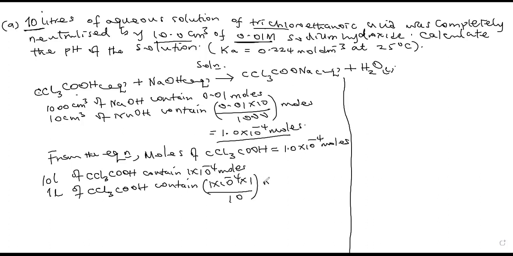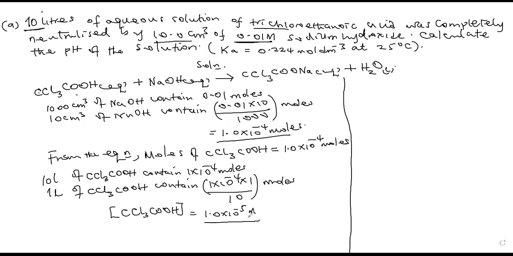This gives us moles per liter, which is the concentration of trichloroethanoic acid. If we divide by 10, we have 1.0 times 10 to the power negative 5 molar.